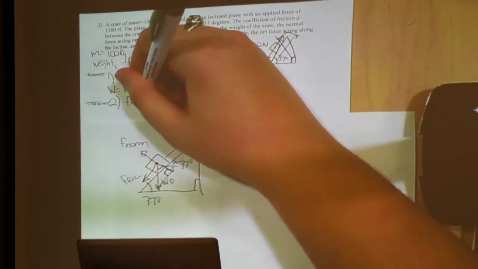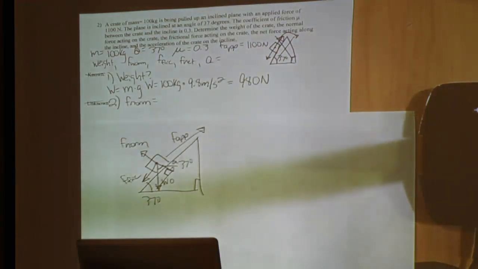So we're going to come up here again. So force normal is going to be equal to what times cosine? Good. So either force of gravity or weight.